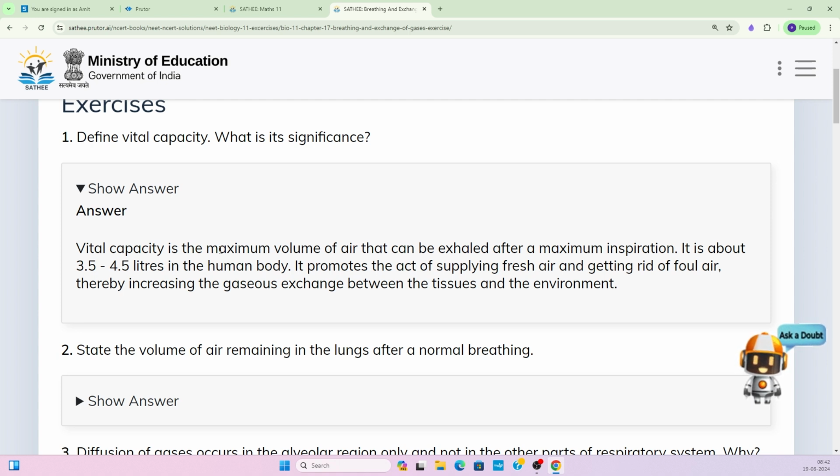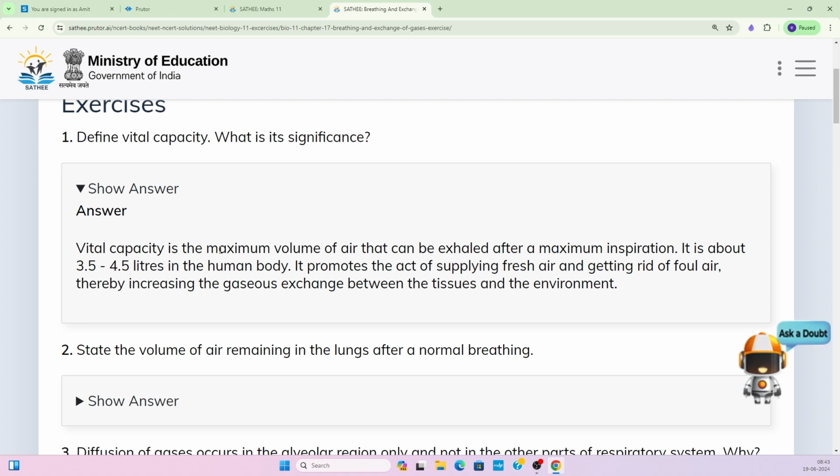So it is around 3.5 to 4.5 liters in the human body, and it promotes the act of supplying fresh air and getting rid of foul air, thereby increasing the gaseous exchange between the tissue and the environment. When you take a forceful breath in, you are getting a lot of fresh air.